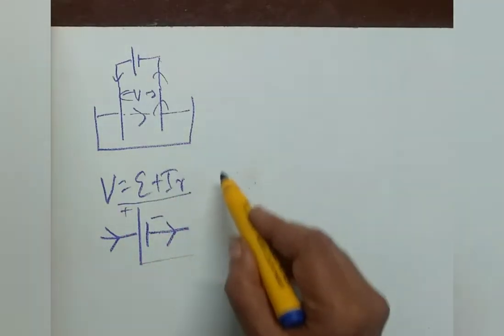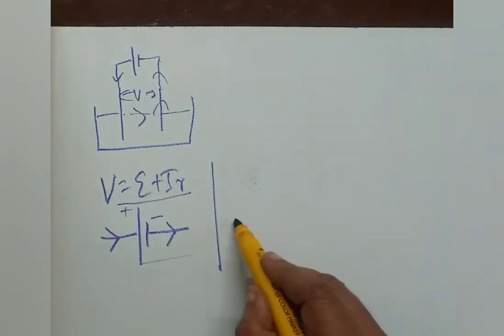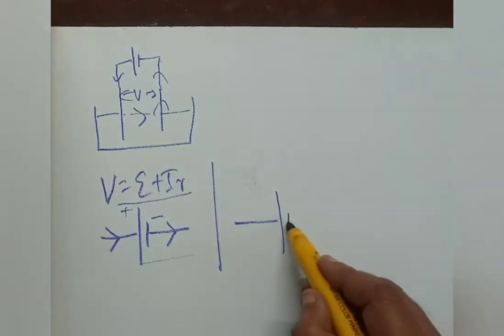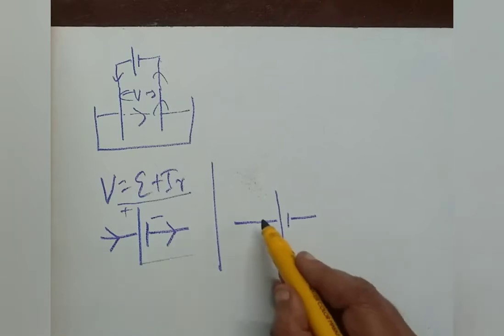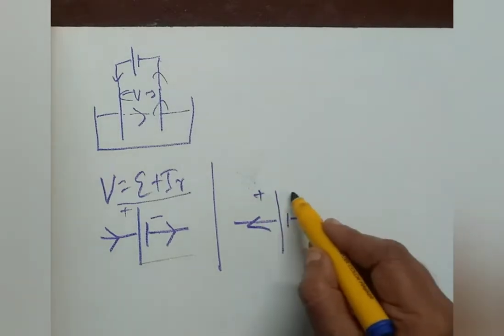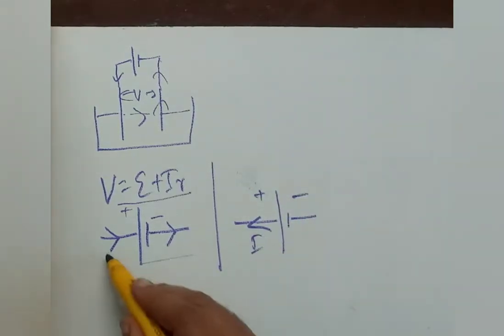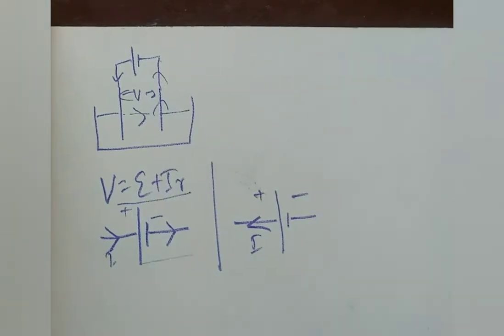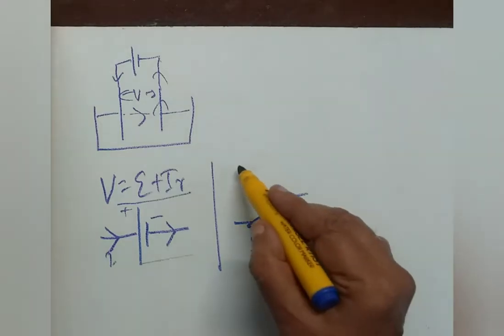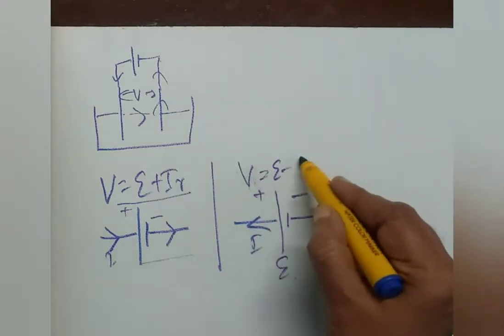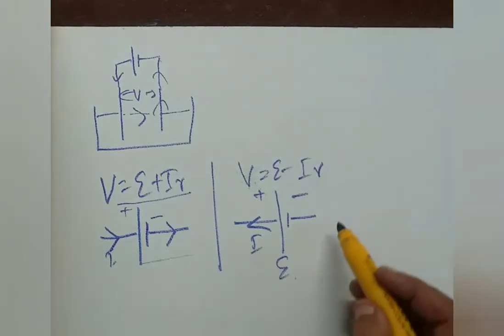E plus I r. When the current is drawn, in normal cases, when we operate the mobile, when the current is drawn out of the cell like this, then terminal potential difference V equals E minus I r.